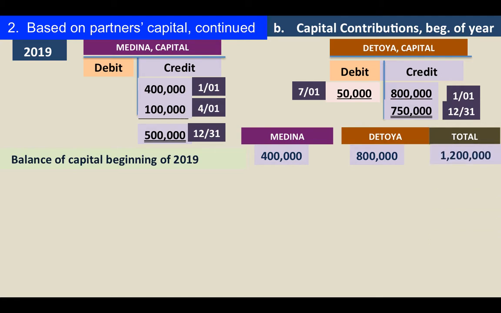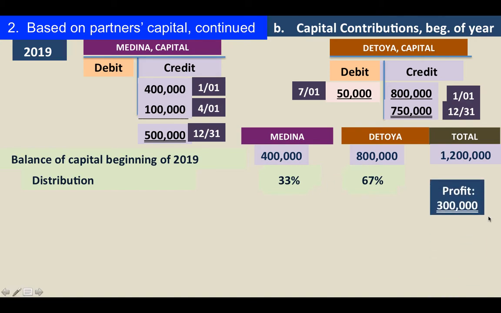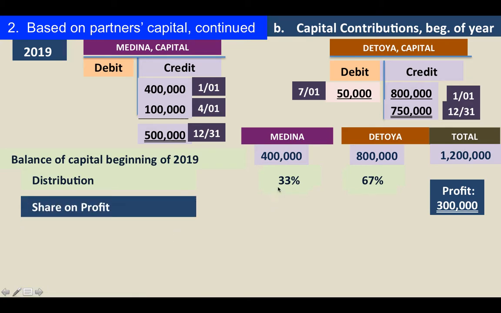The capital balances at the beginning of the year for Medina and De Toya are 400,000 and 800,000 respectively, for a total of 1.2 million. So the distribution, if we use the proportion, is 4 is to 8, or in fraction 1/3 and 2/3, or in percentage 33% and 67%. So 33% of the profit of 300,000 will be 100,000, and 67% of 300,000 is 200,000.